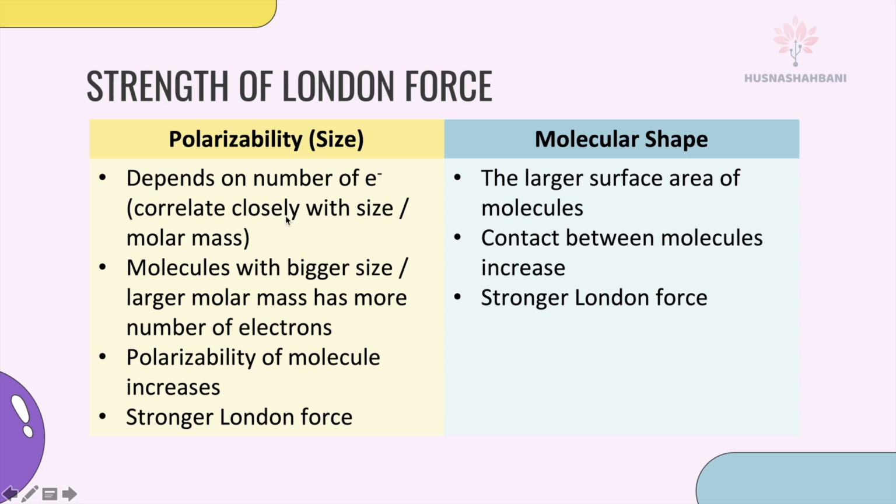We know that if the molecule is big, there are more electrons in that molecule or atom. Molecules with bigger size or larger molar mass have more electrons. So the polarizability of a molecule increases if it has bigger size or more electrons, so that molecule or atom will have stronger London force.